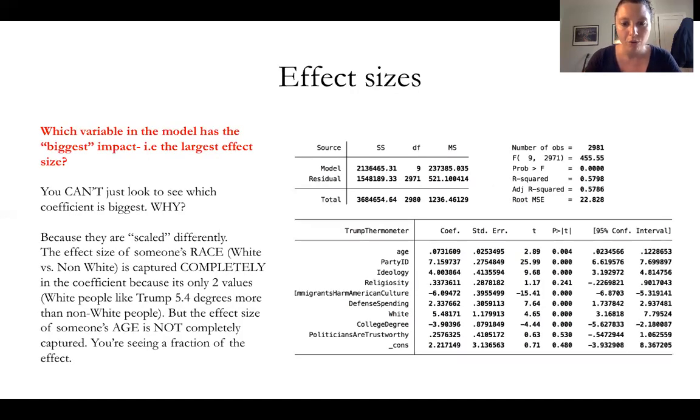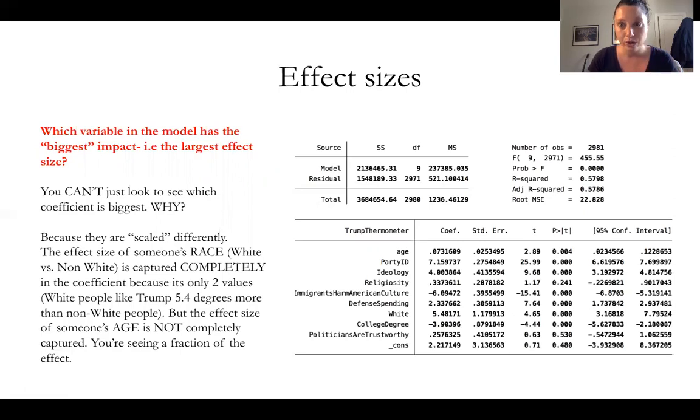So I have run a regression here using our old friend, the Trump feeling thermometer, and I have a bunch of variables in here. So the question is, which variable in this model has the biggest impact or the largest effect size? Which one of these listed down here has the biggest effect on how much people like or dislike Donald Trump?